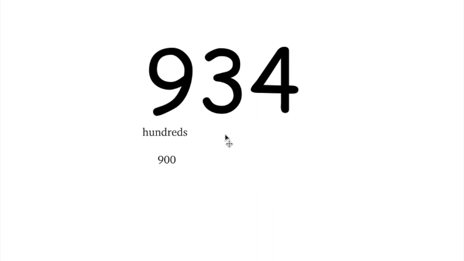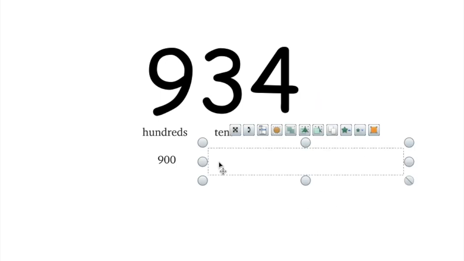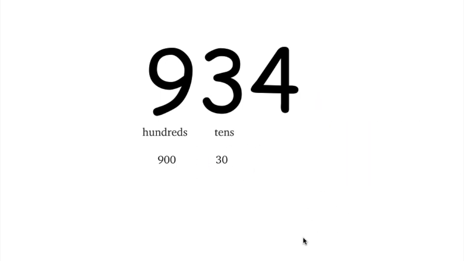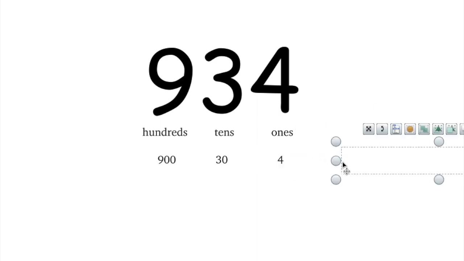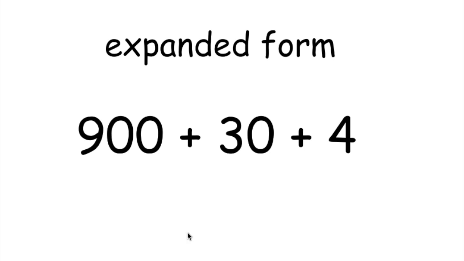And this 3 is not just a 3, it's in the tens place and represents 30 or 3 tens: 10, 20, 30. And last but not least, this 4 is in the ones place and does represent simply 4 of something. We can show that in expanded form by adding all of the place value amounts together. So instead of 934, we have 900 plus 30 plus 4.